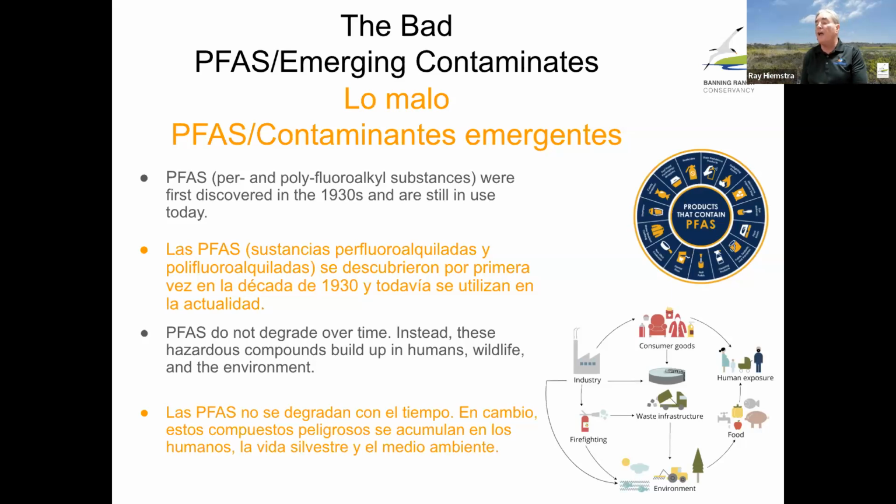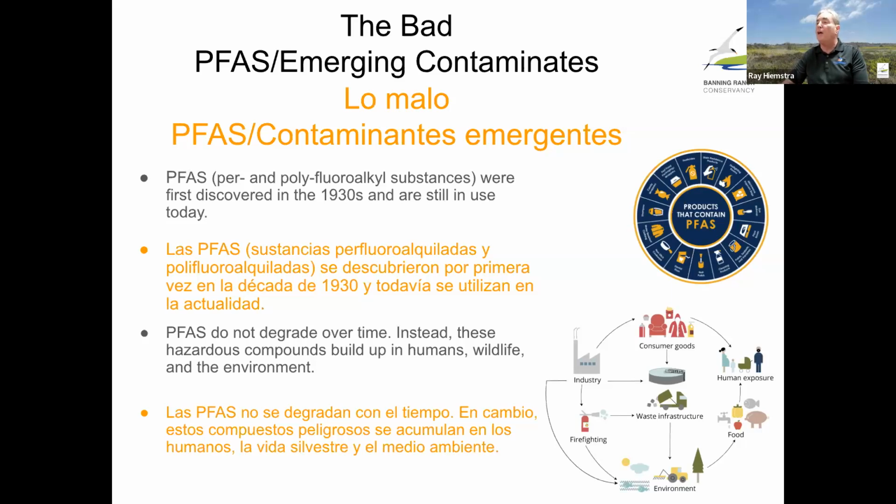So PFAS is actually a class of chemicals. There's about 4,000 different versions of PFAS, and they were considered a miracle chemical. So they were developed in the 30s. They're waterproof. They're very, very rugged. We used it on everything.